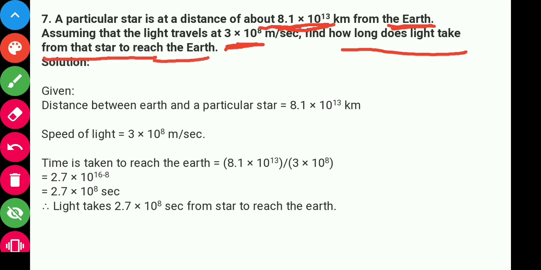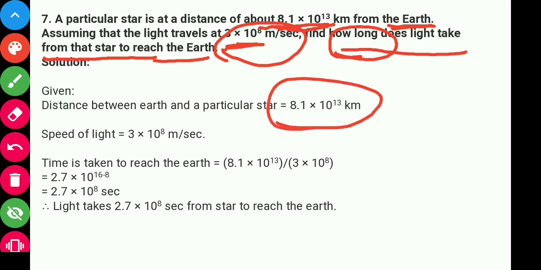Okay, so you know the speed of light is this. It is asked how much time the light of the star will take to come to Earth. So here the distance of the star from Earth is given in kilometers, and the speed of light is given. So you know that time is equal to distance upon speed.